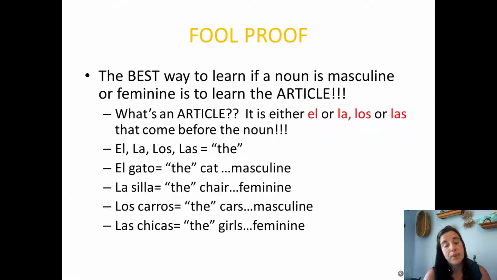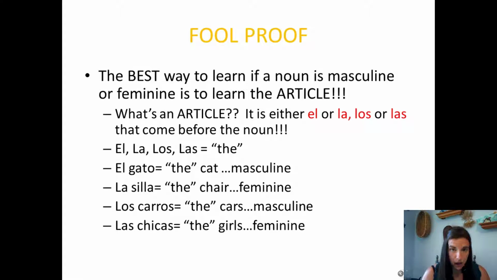And the best way to do it is learning the article. The article is the el or la, los or las, that you'll see come before the noun in the dictionary or in your vocab lists, or a lot of times when you see nouns written in sentences and in conversation, you'll hear or see an el or a la, los or las before it.